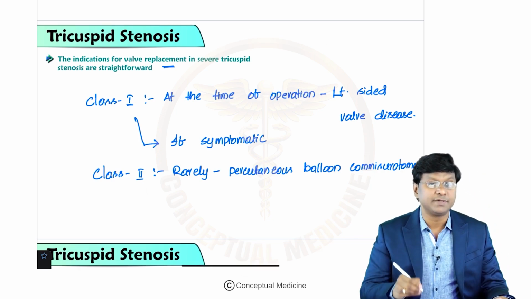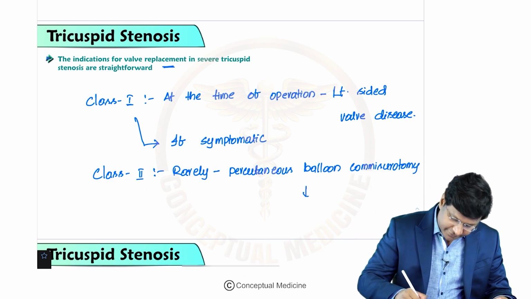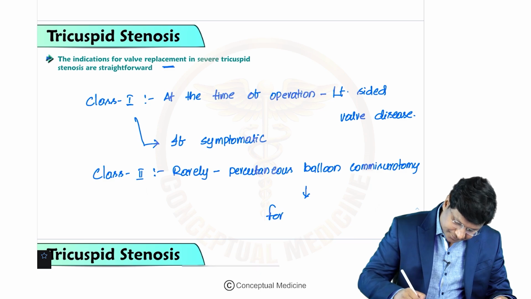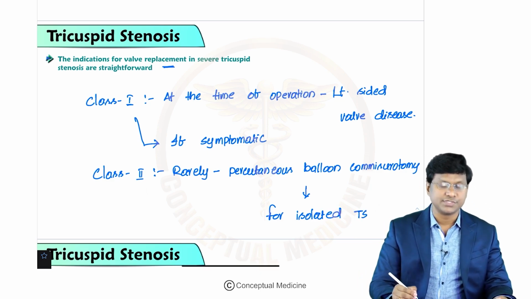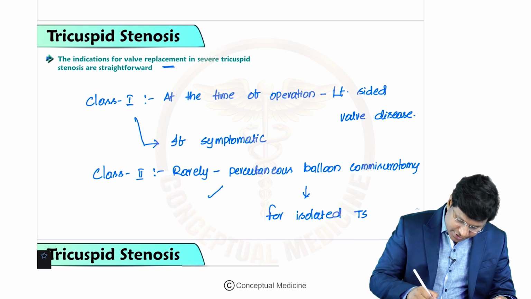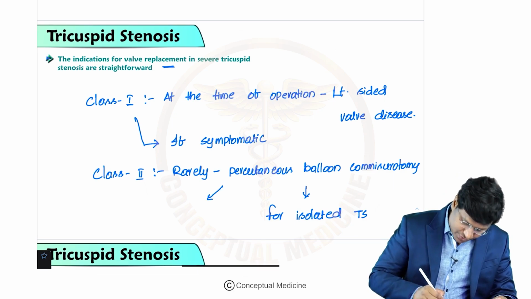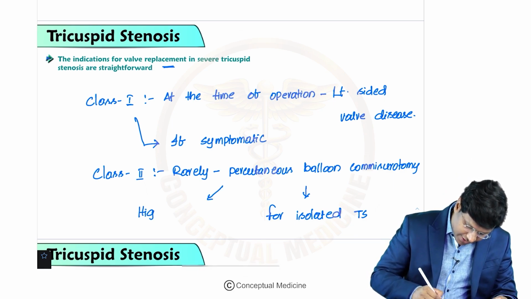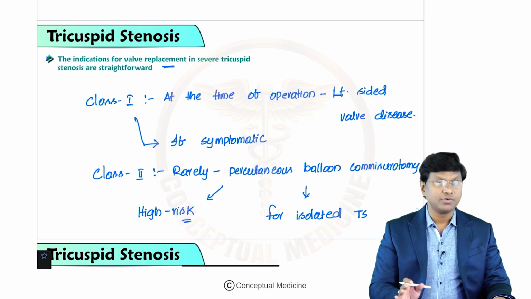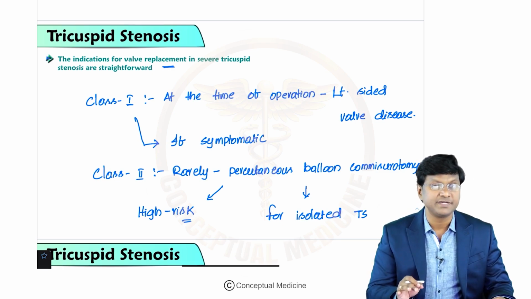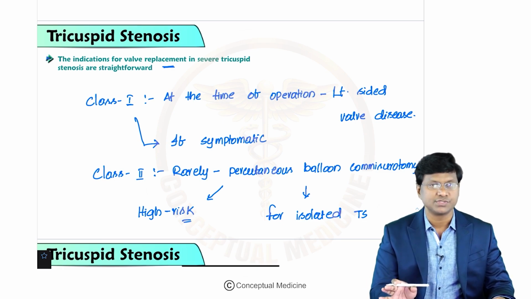This percutaneous procedure should be done in those individuals who are at high risk for surgery. So that is about the indications for valve replacement in severe tricuspid stenosis.